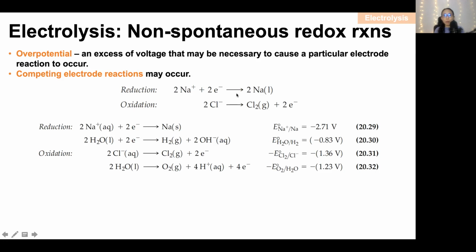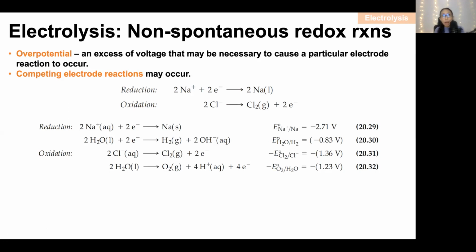Next thing to consider is that there might be competing electrode reactions. So for example, if we are electrolyzing sodium chloride, so what's happening to sodium chloride? Sodium will turn into liquid sodium and chloride ions will turn into chlorine gas. That's what happens if you electrolyze sodium chloride.